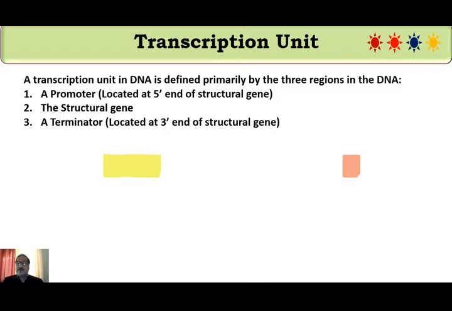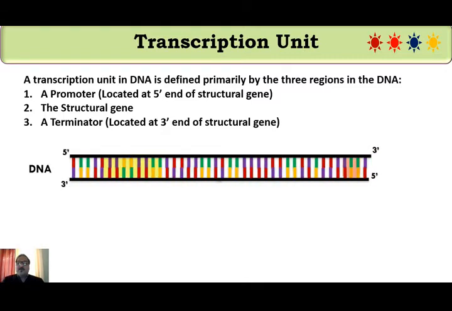which will be located at the 3' end. Now here you see this is a DNA molecule. DNA is a double-stranded molecule. In this double-stranded molecule, both the strands cannot act as a template for transcription because DNA-dependent RNA polymerase catalyzes the polymerization in only one direction, that is 5' to 3' direction.